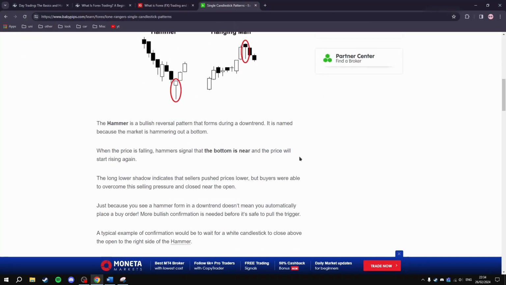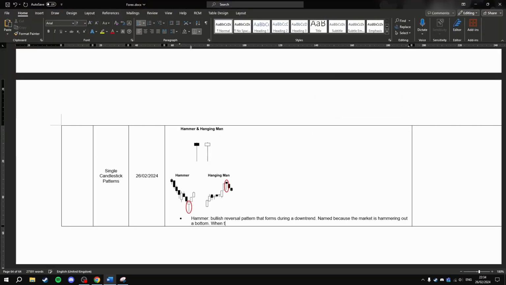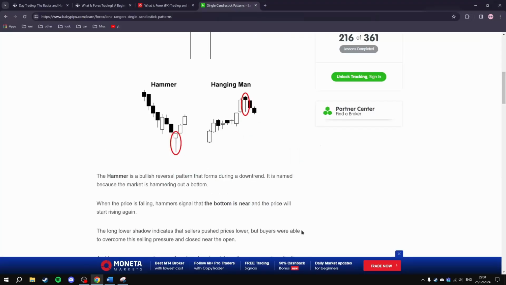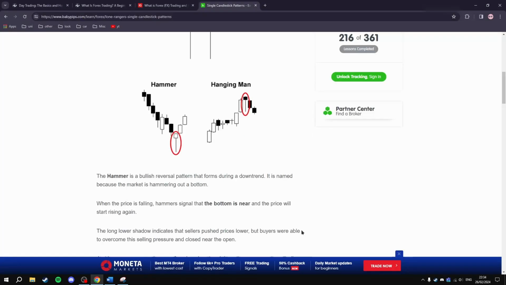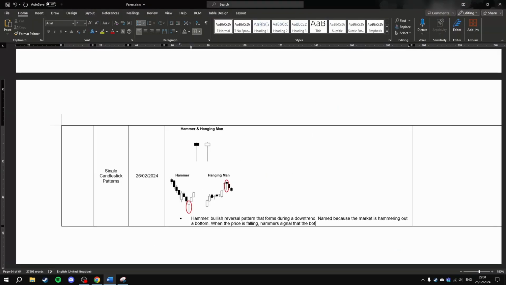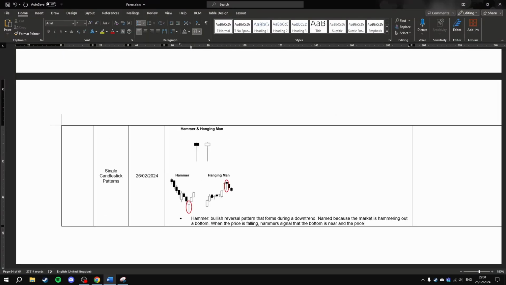When the price is falling, hammers signal that the bottom is near and the price will start rising again.